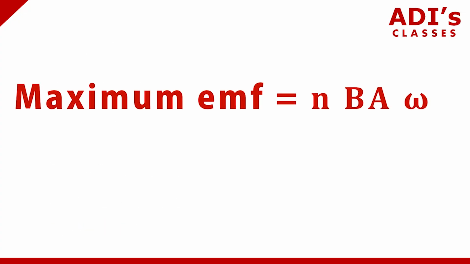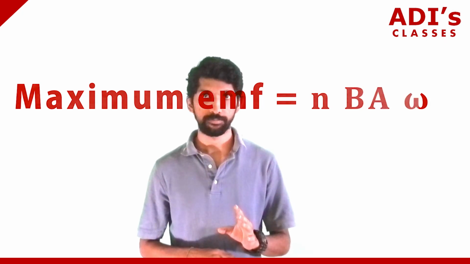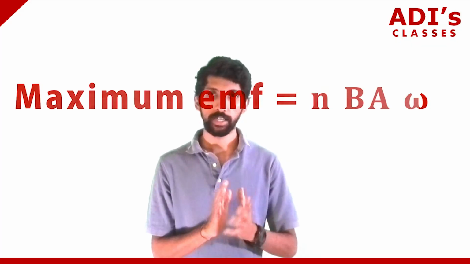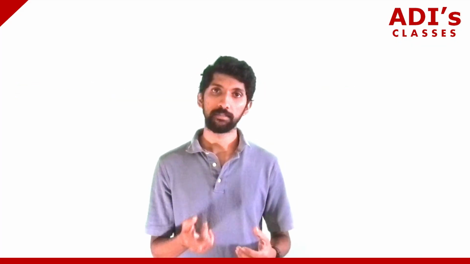So to increase the output of the AC dynamo, the number of turns has to be more, or the magnetic field has to be more, or the area of cross section has to be more, or the last thing, the speed at which the armature is rotating has to be more, right? The number of turns can be increased only to a certain extent. The same goes for B and A also. Only to a certain limit can we extend, but omega can be maximized.